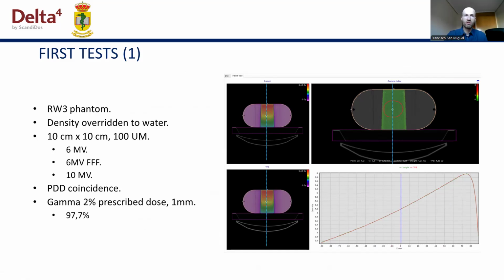The PDD fall off is exactly the same, and the gamma criterion result is 97.7% with 2% of the prescribed dose and 1 millimeter. The results were the same for the other two energies.